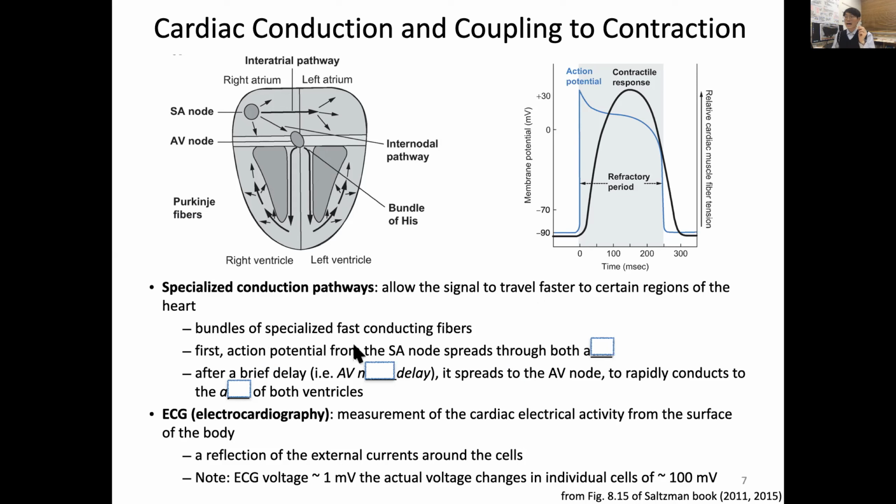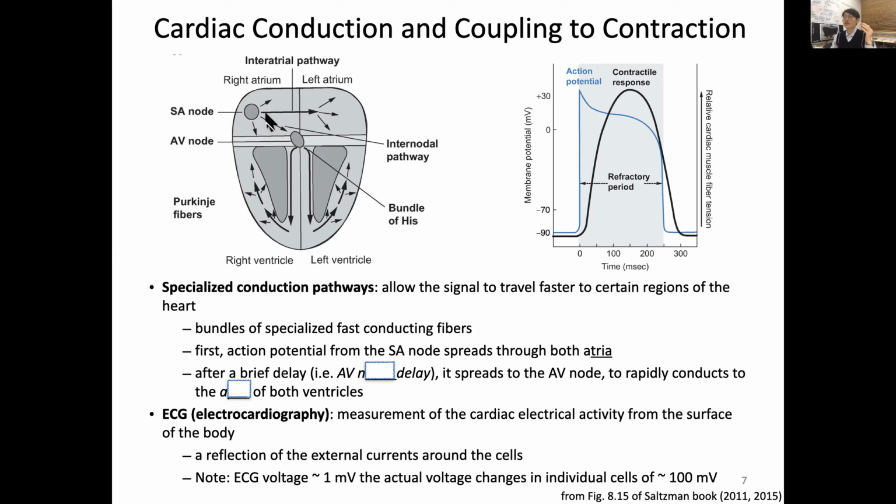Action potential is generated at the SA node, and they spread first through the atria. The atria should contract first because the role of the atria is to pump blood into the ventricle. So the action potential from the SA node needs to spread first to both atria.